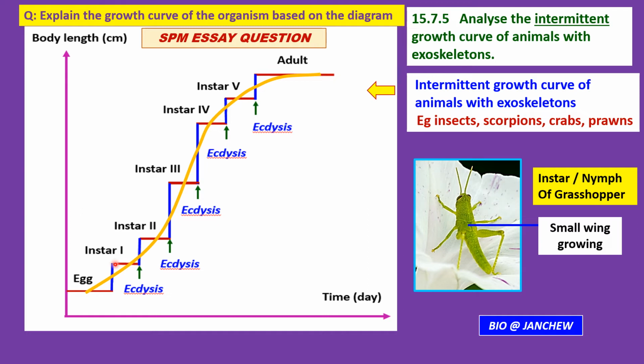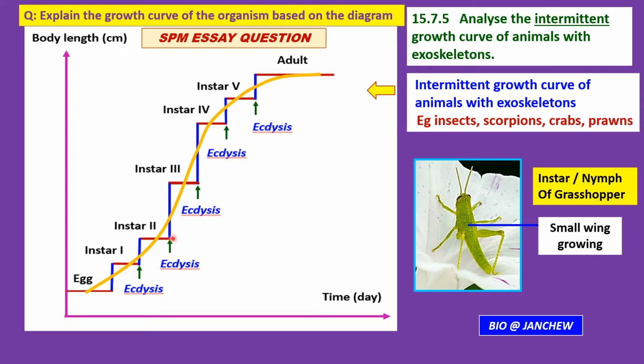So although the length of the exoskeleton remains the same for some days, inside the body of the insect, it is building tissue and increasing its body mass gradually and continuously, right? Until the body mass has reached its maximum amount inside the exoskeleton, and the exoskeleton becomes tighter already. So it's time for the insect to shed its old exoskeleton. That's when ecdysis occurs, right?